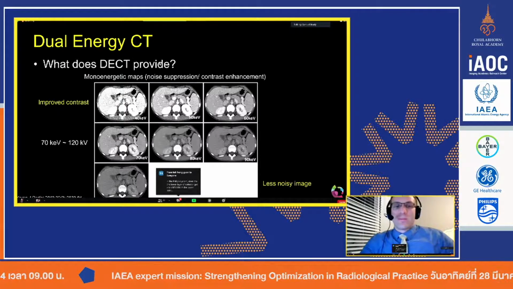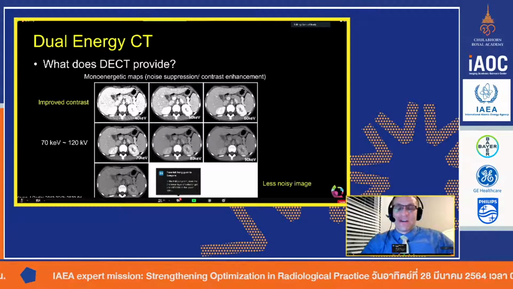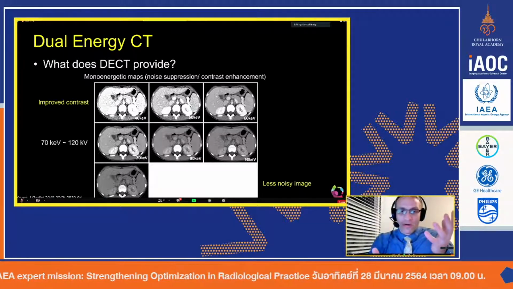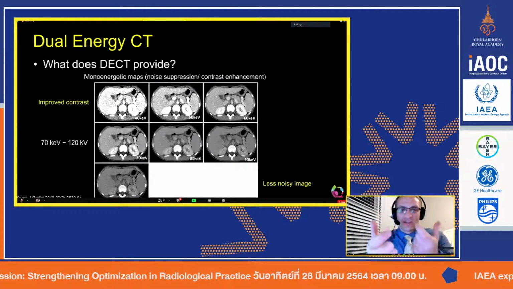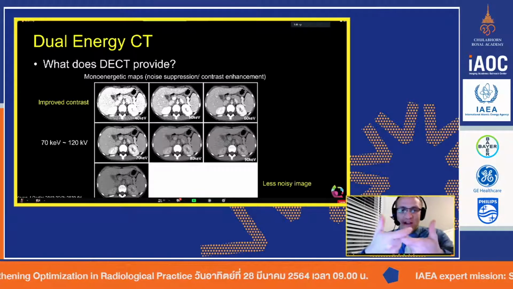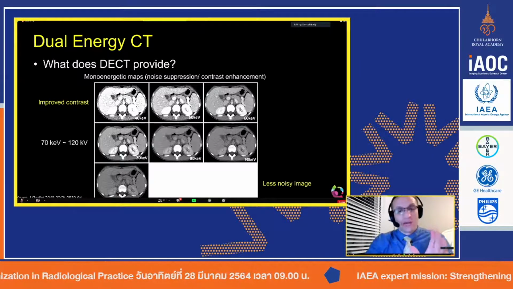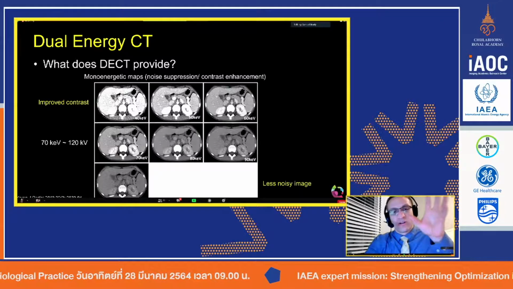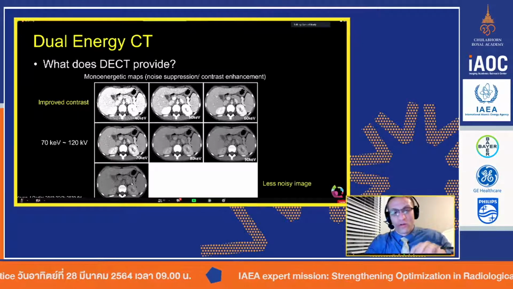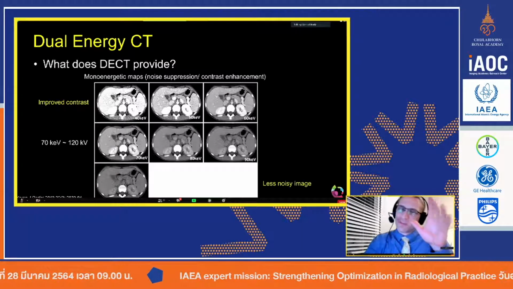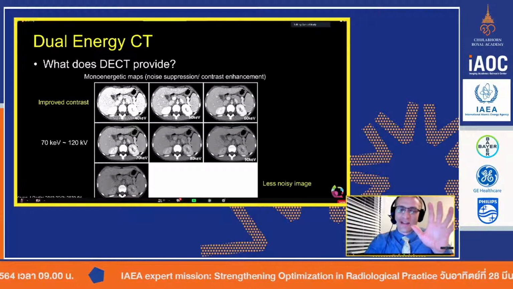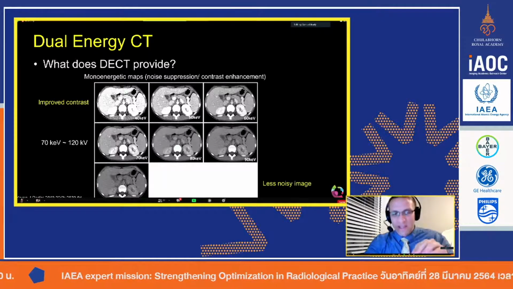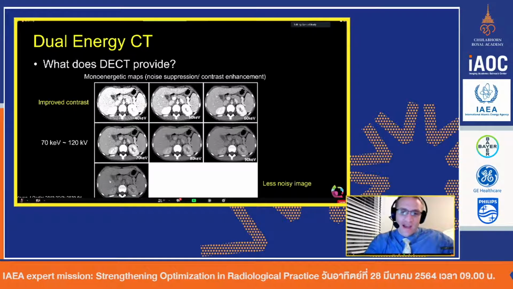So the monoenergetic maps are simply a ratio or a way to take the data from both spectrums and combine them in a unique way so that you can look at either high contrast or low contrast.